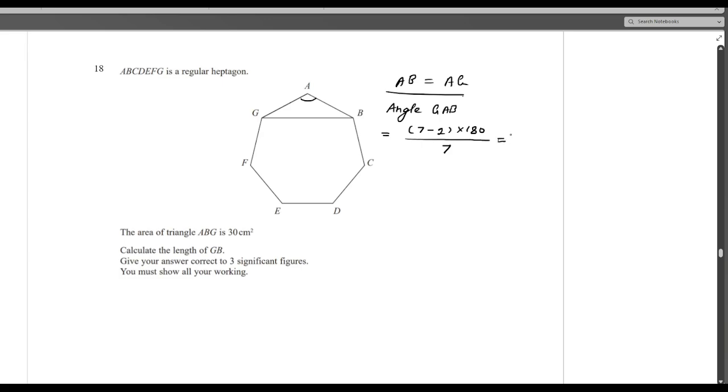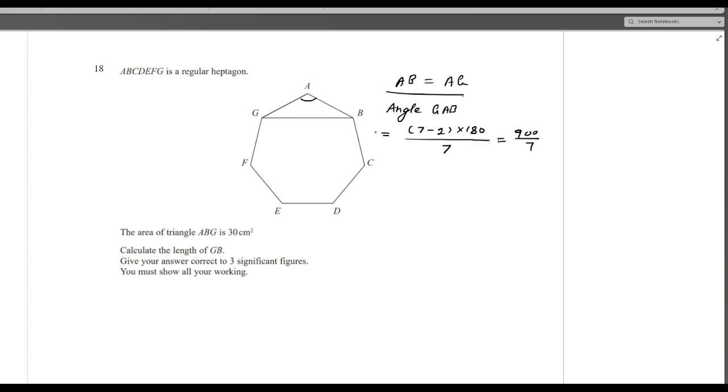So each interior angle will be 7 minus 2 is 5 times 180, divided by 7. It is a fraction; if I write it, it is 900 divided by 7. So 900 divided by 7 is my angle A.